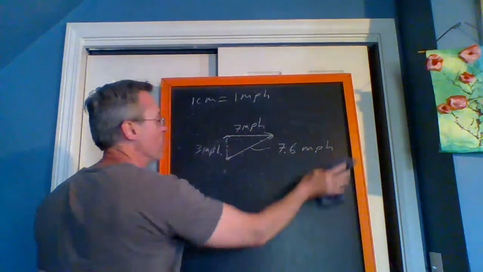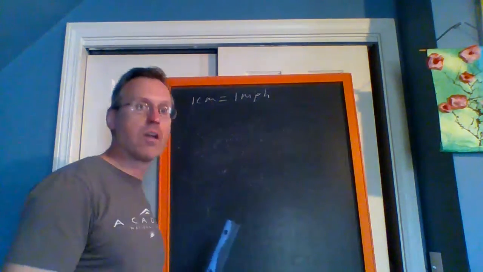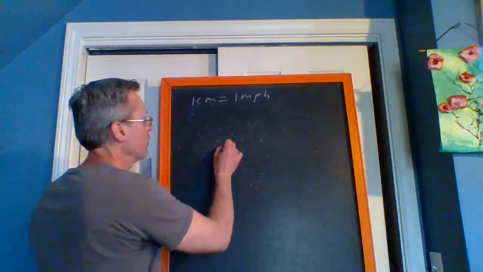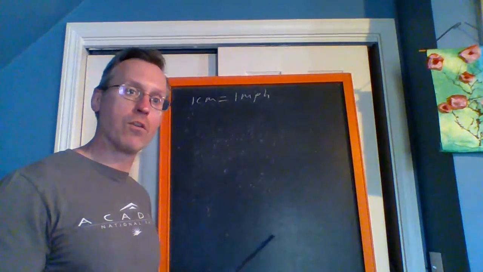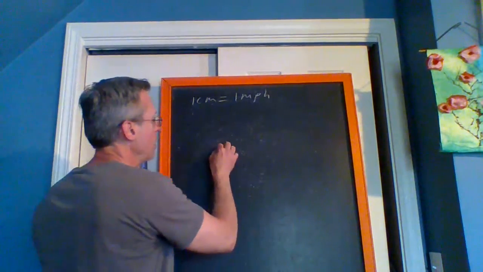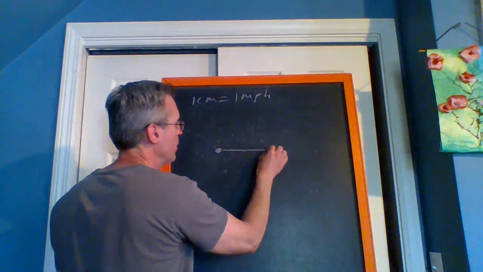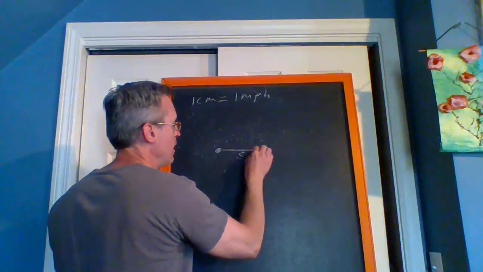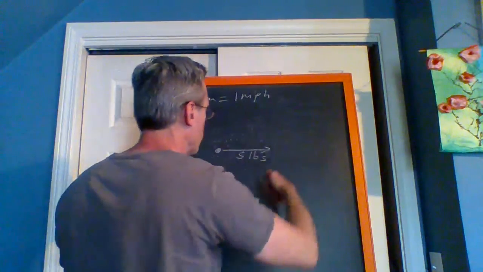Okay, let me do another one for you. And I'm going to do one that has like 3 vectors. These vectors are going to be force vectors. Forces are measured in pounds. So let's say I have an object right there, and somebody is pulling with 5 pounds of force to the right, so they're pulling the object this way.